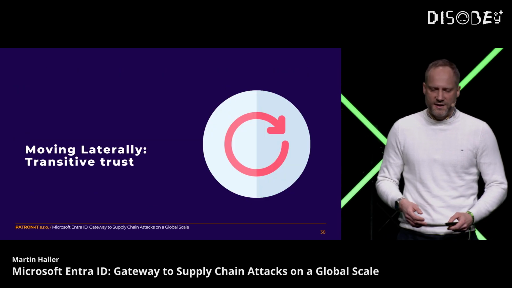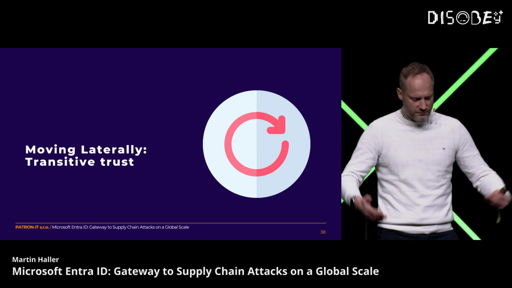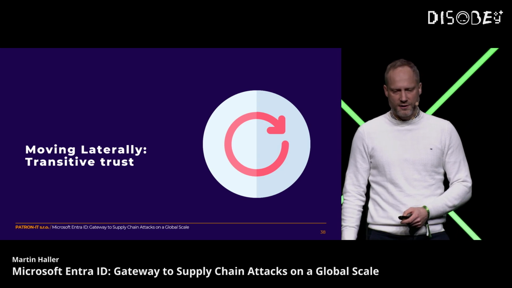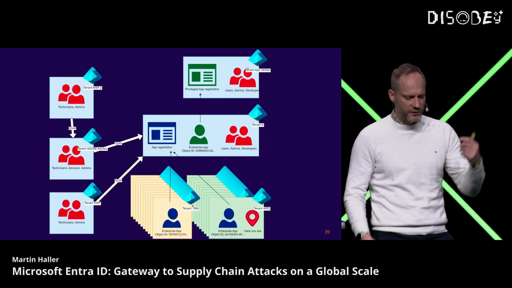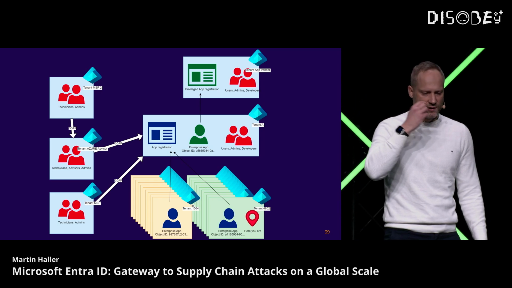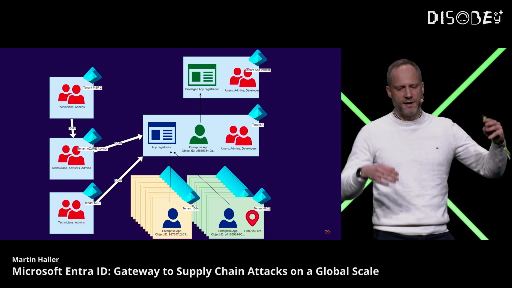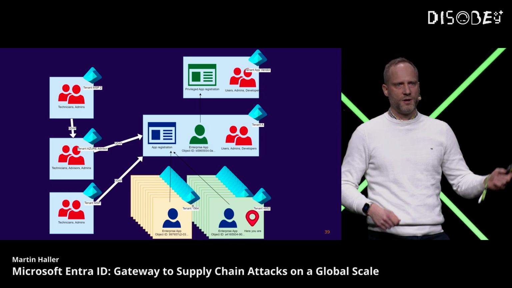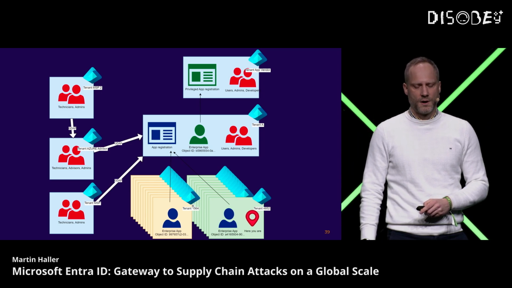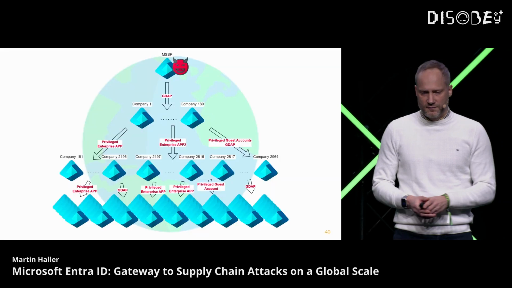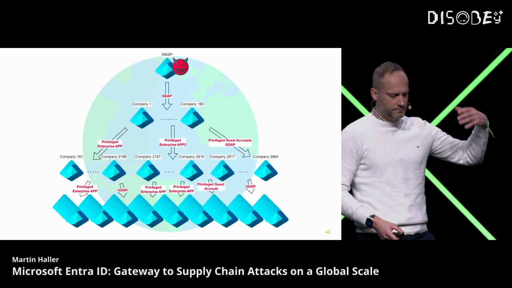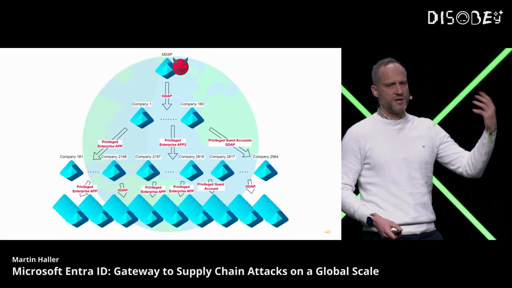OK, and the thing is that if we combine all those techniques or relationships together, with the matrix and the trust between the companies, we can see that as someone is someone's supplier and someone's customer, you start somewhere, and you can move laterally between all those tenants. If we reorganize it, at the beginning there is a first breach, a breach of a tenant.